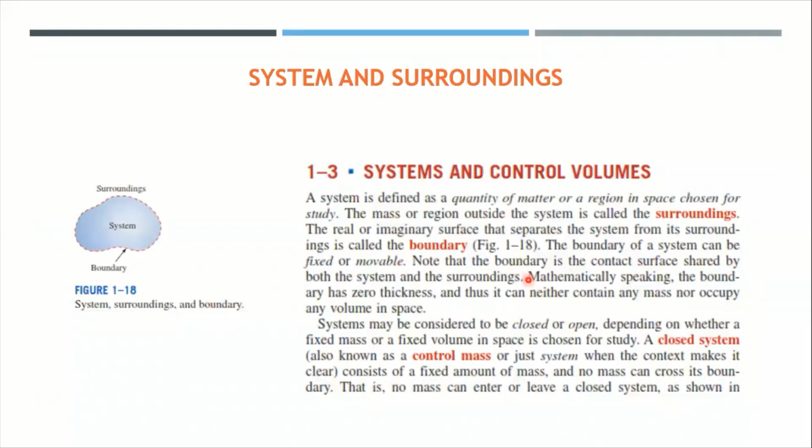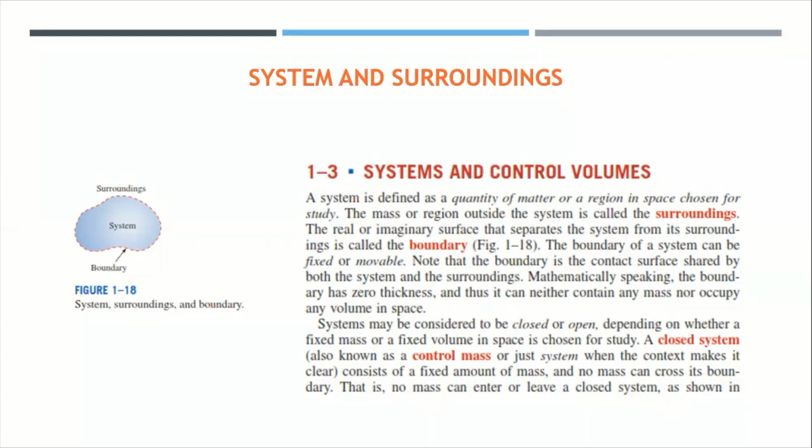Okay. Mathematically, when you are speaking, the boundary has zero thickness. In a cricket stadium, you'll be having a rope of certain thickness, right? That boundary line rope will be having certain thickness, but mathematically speaking, when you are considering the system in a thermodynamic problem, that boundary has zero thickness.